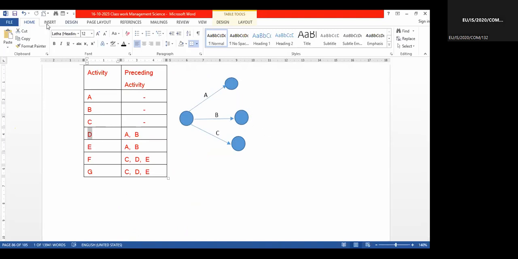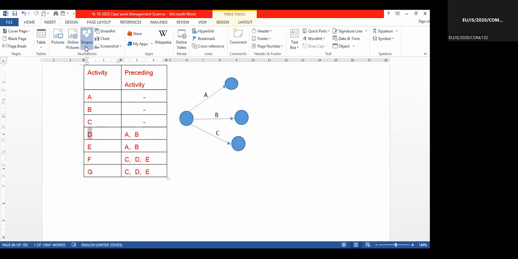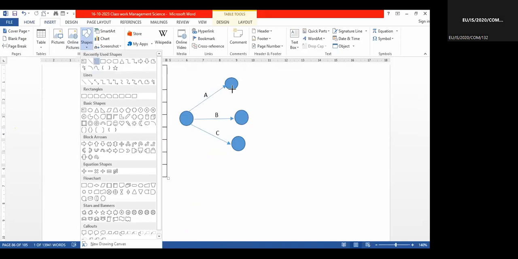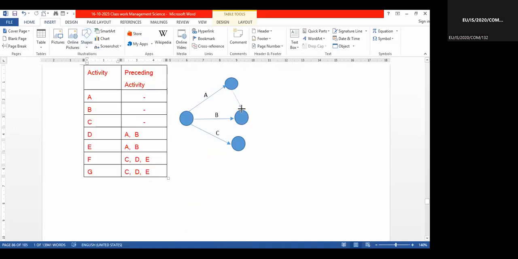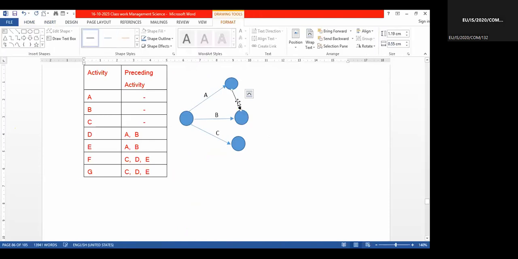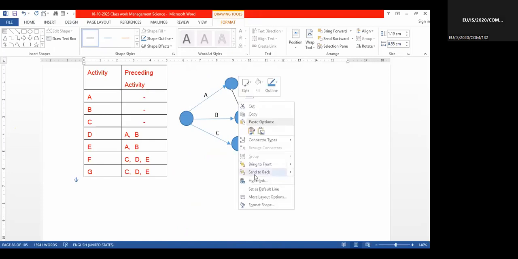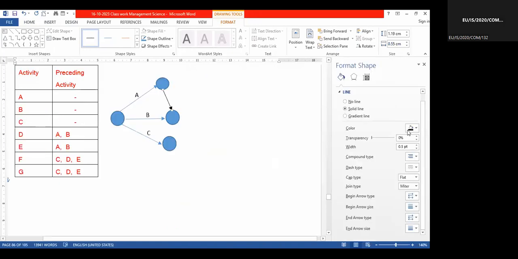You see how I carefully observe. I want to put some arrow mark connecting this, but you see that in arrow marks you can see something called the dotted line.